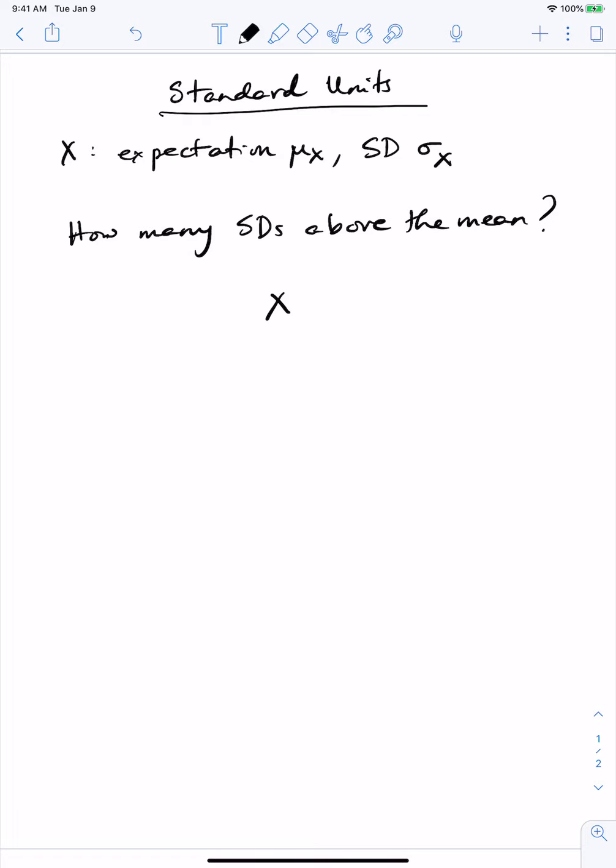There's my variable, there's the mean, that's how far it is above the mean. How many SDs is that? Well, we have to look at that difference relative to an SD.